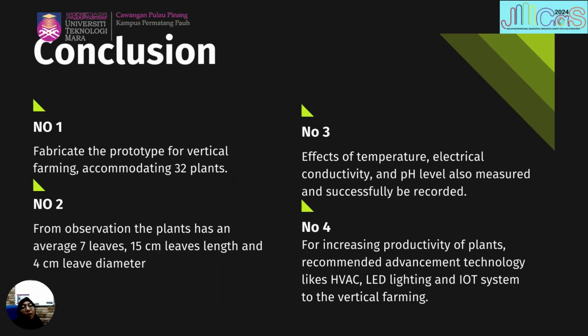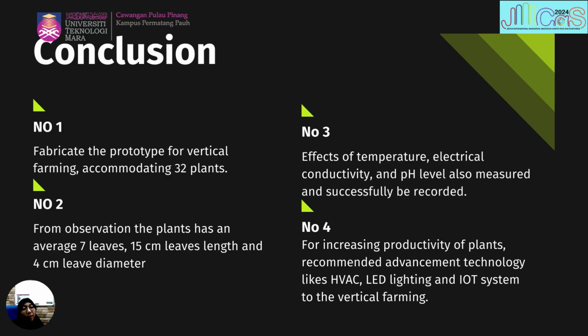This is the last part, the conclusions. We fabricated a prototype of the vertical farming structure that successfully accommodates the plants. Number two, the plants have an average of seven leaves, 50 centimeter leaf length and 40 centimeter leaf diameter.